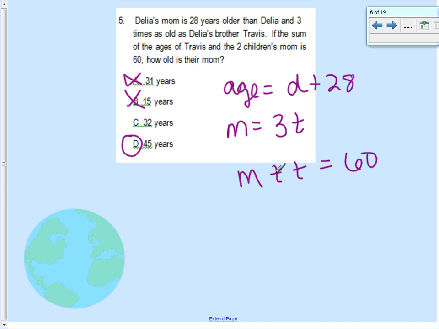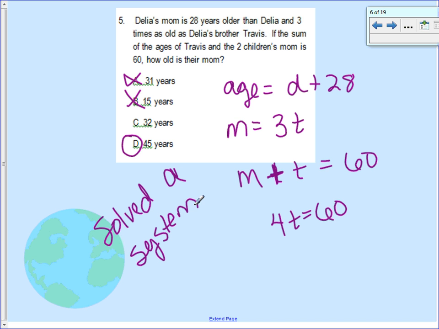So on the M plus T equals 60, I put 3T plus T equals 60, and then I divided it, and I got 15 years, so Travis would be 15 years old. I went back to the 4T equals 60, so I did 15 times 4, which would equal 60. Good. So you solved a system of equations.